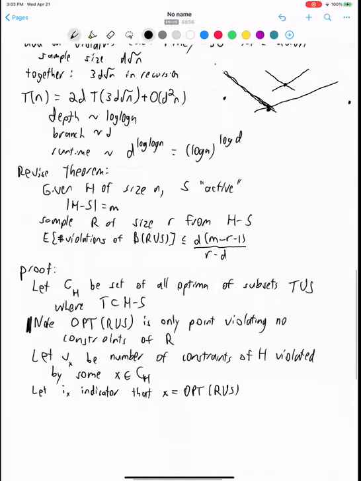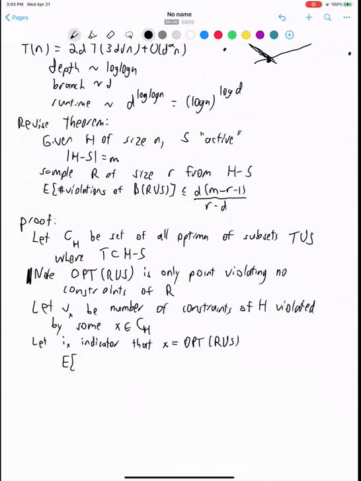So I claim that the expected number of violators is equal to the expectation of the sum over all possible x's from my set of optima of V sub x, the number of hyperplanes that x violates, times the indicator that x is the optimum I actually choose.